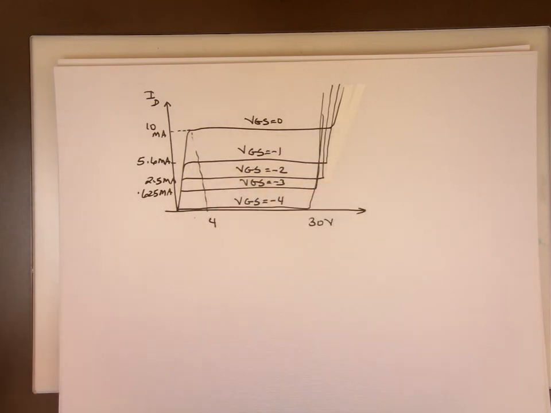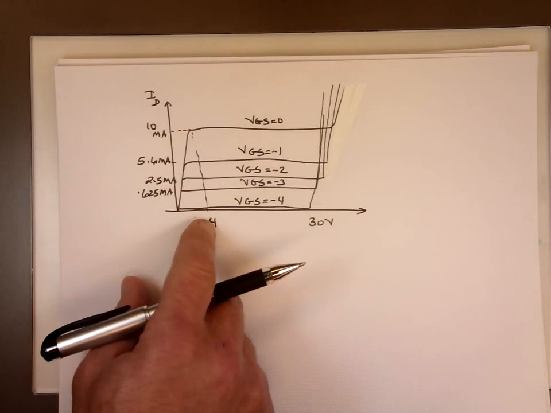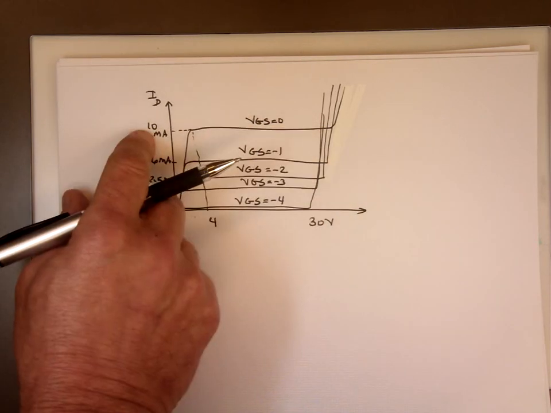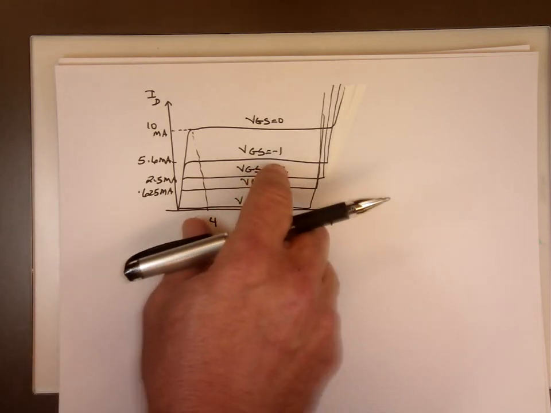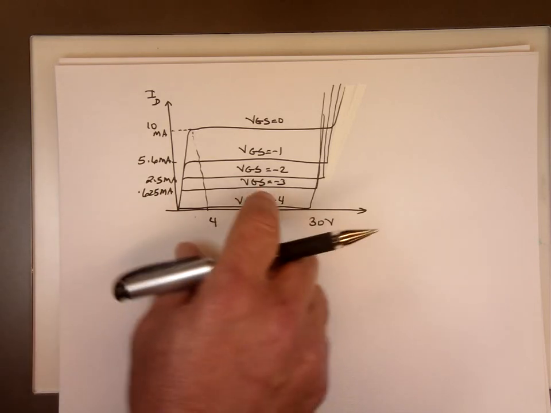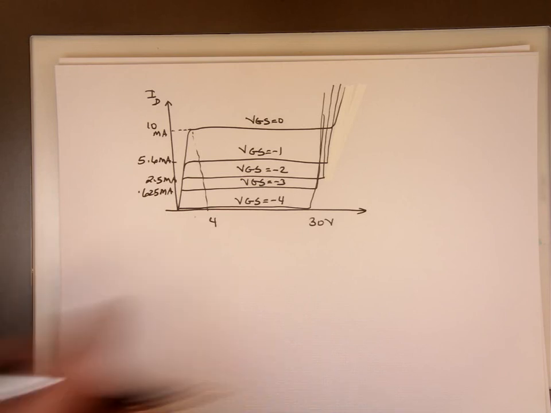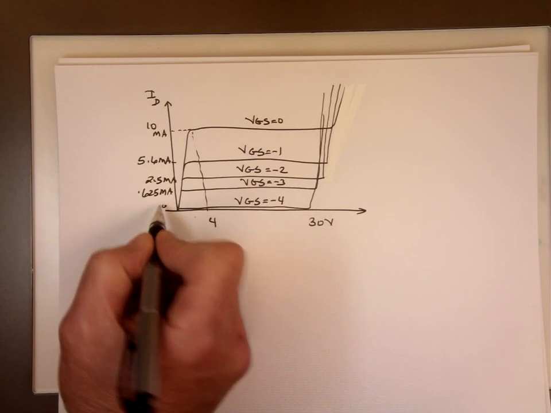We did the calculation for that earlier. And the current will stay the same as long as you're between 4 volts and 30 volts. For VGS equals 0, that current will be 10 milliamp. If you let VGS equal -1, that current is 5.6 milliamp. If you let VGS be -2, that current is roughly 2.5 milliamp. When VGS equals -3, it's 0.625. When it's -4, that's 0 milliamp.